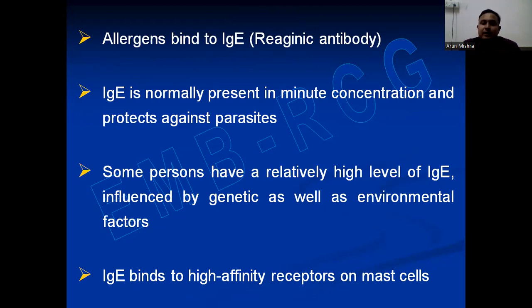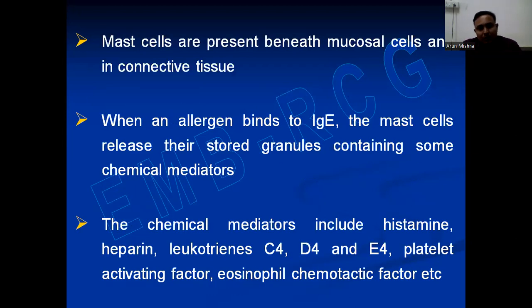IgE binds to high affinity receptors of the mast cells. Mast cells are present beneath mucosal cells and in connective tissues. When an allergen binds to IgE, the mast cells release their stored granules containing some chemical mediators.